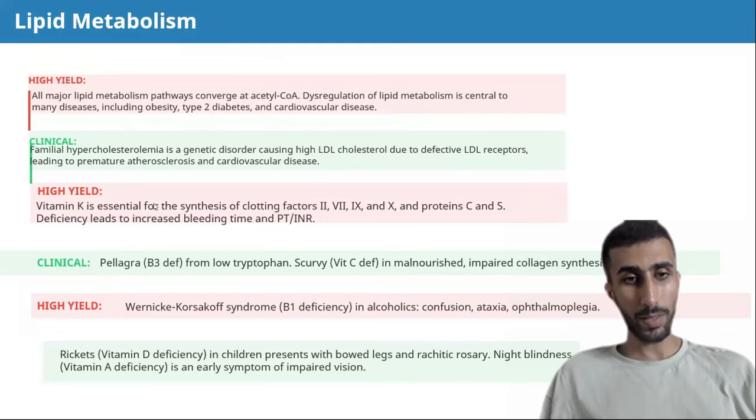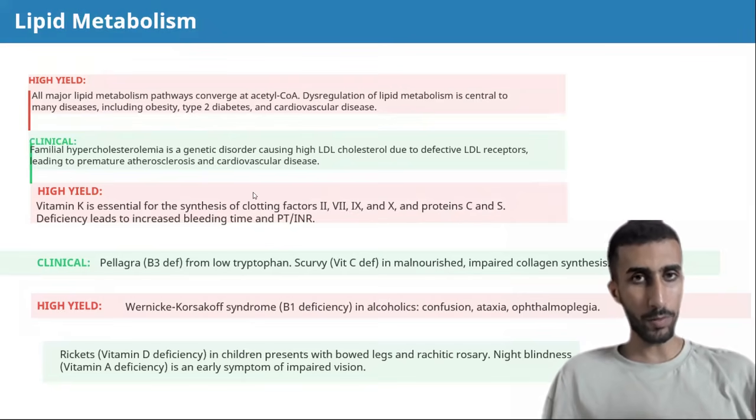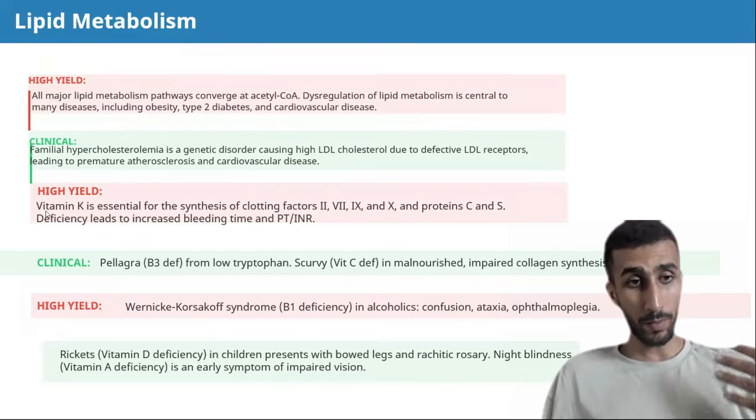Vitamin K is essential for the synthesis of clotting factors such as 2, 7, 9, and 10, and proteins C and S. It is responsible for gamma carboxylation, which occurs in the liver. Gamma carboxylation leads to activation of these clotting factors, and without vitamin K this activation process can't go on, so we will have bleeding.